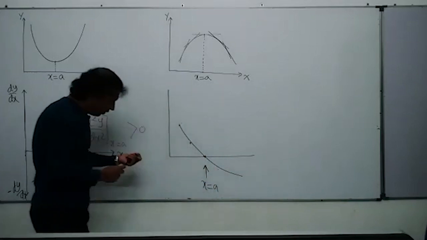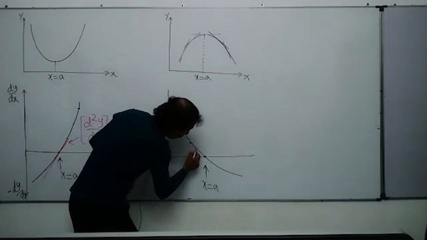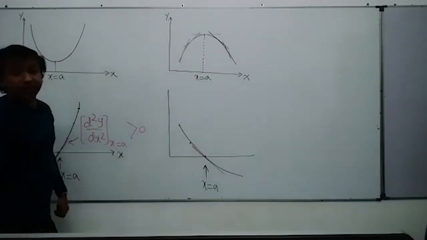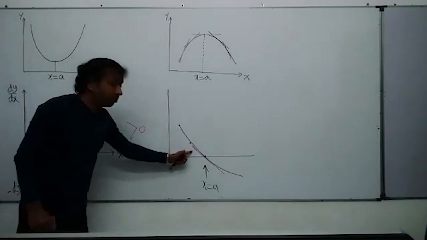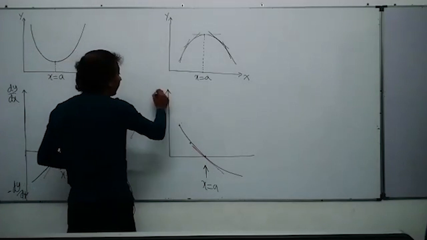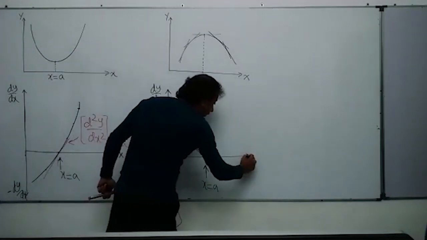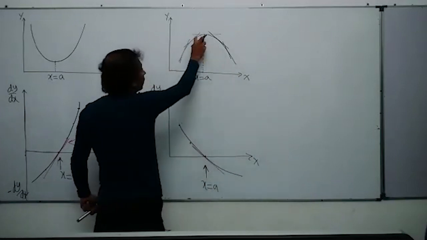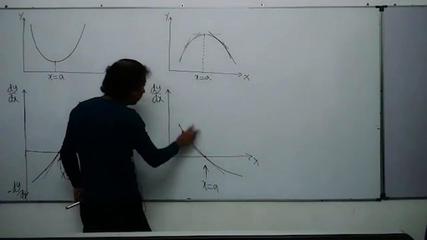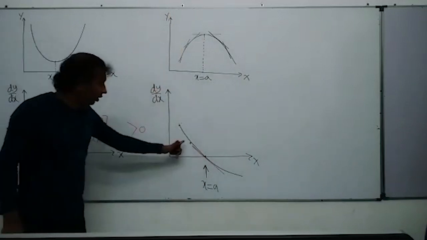At x equals a, in this case, when we construct a tangent, you can see this tangent has a negative gradient. The gradient of this tangent means the second derivative, because here this axis is now dy by dx and this is x. The gradient of this curve means we have to differentiate this with respect to x, and then we get the second derivative. You can see the gradient is negative.